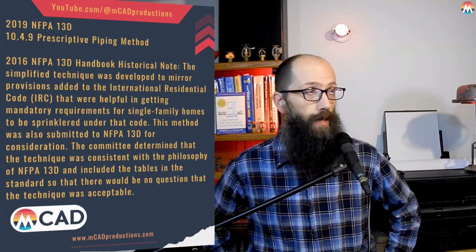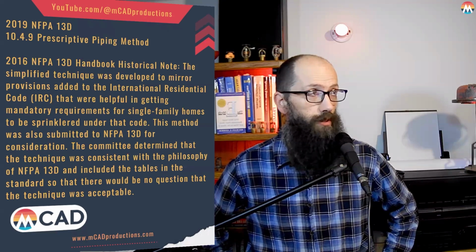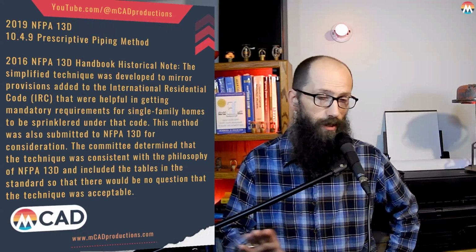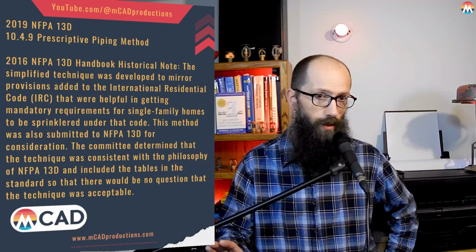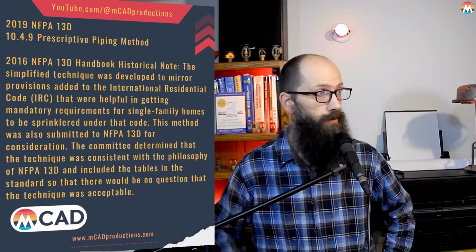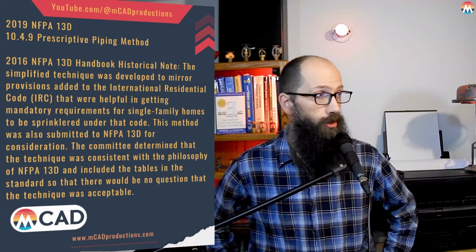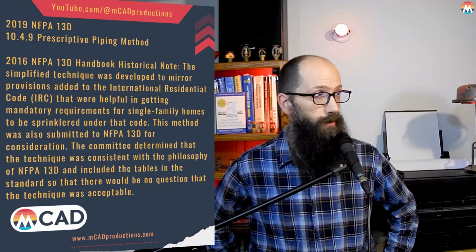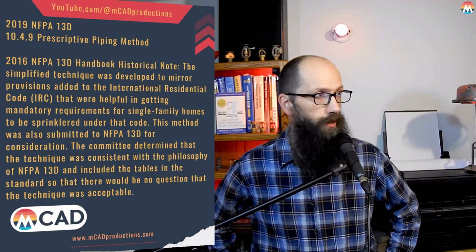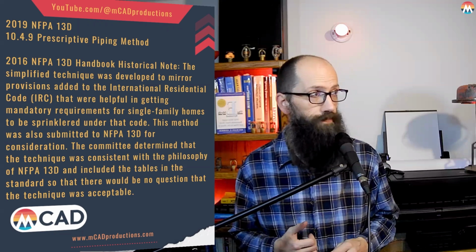It says the simplified technique was developed to mirror provisions added to the International Residential Code, or the IRC, that were helpful in getting mandatory requirements for single-family homes to be sprinklered under that code.